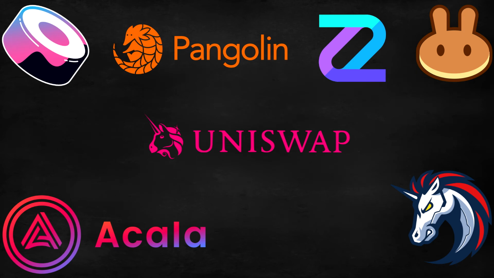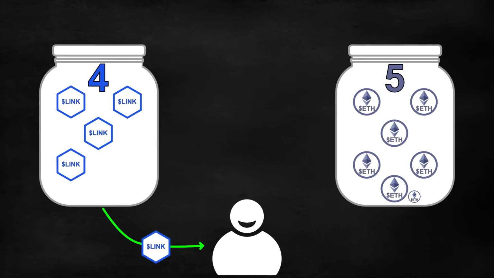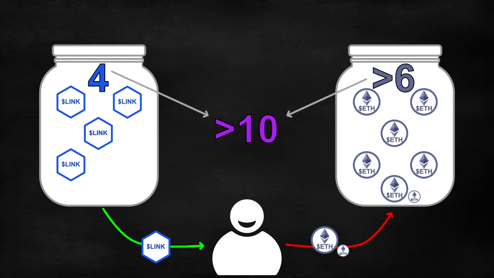So you may be asking, why would I ever participate in providing liquidity if I am assuming all of this risk? Well, the part that we haven't mentioned yet is that there is a transaction fee paid by the users of the decentralized exchange. This fee is paid directly to the liquidity providers.